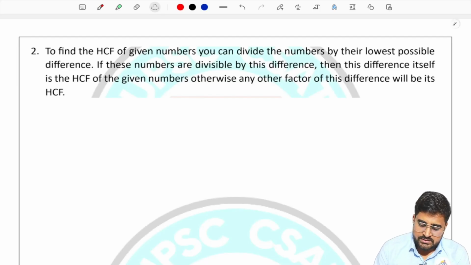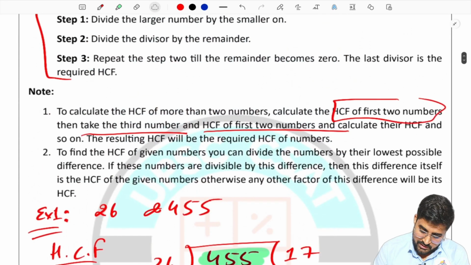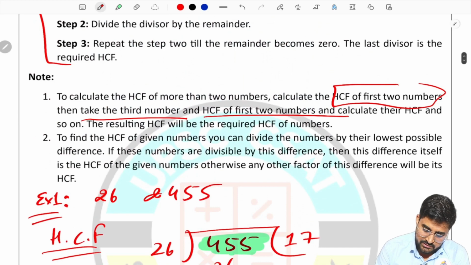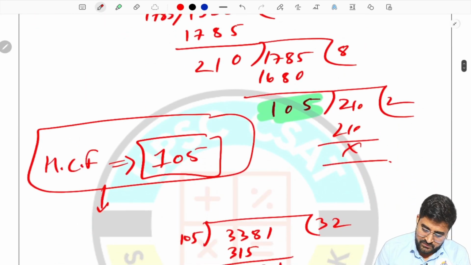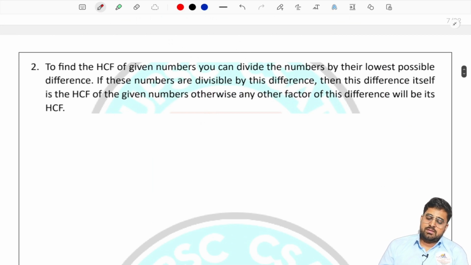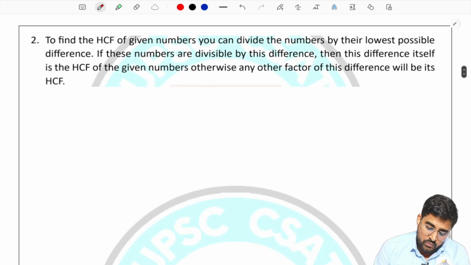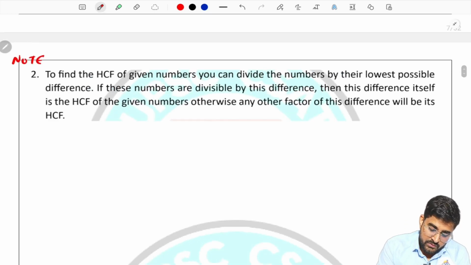Now let us try to understand the second note. I just copied and pasted it. We are doing this one only. For ease of doing business, I just write it there only. Now what does note 2 say?